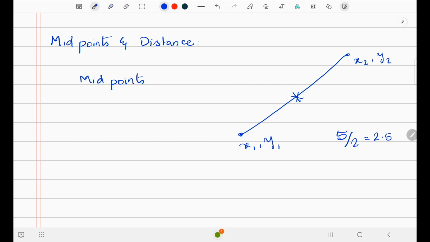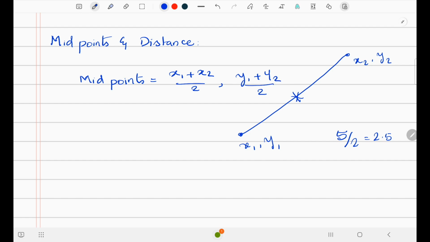So to find the midpoint, the formula is x1 plus x2 divided by 2 comma y1 plus y2 divided by 2.